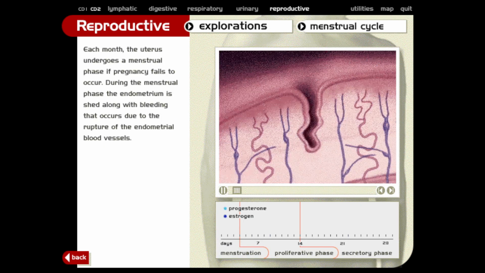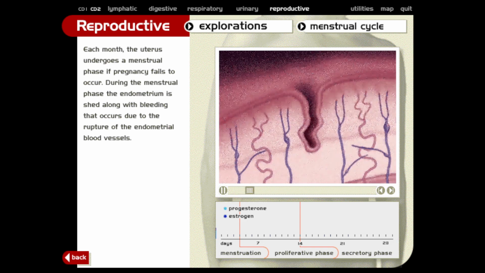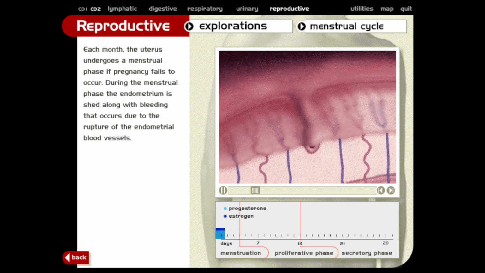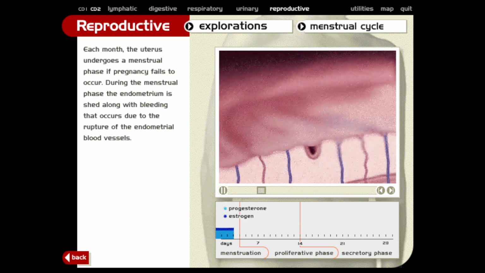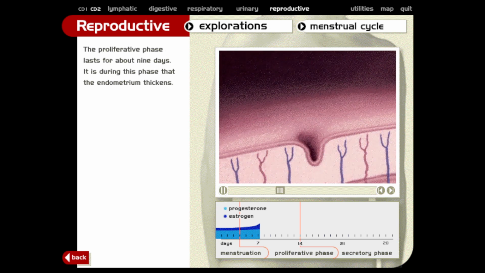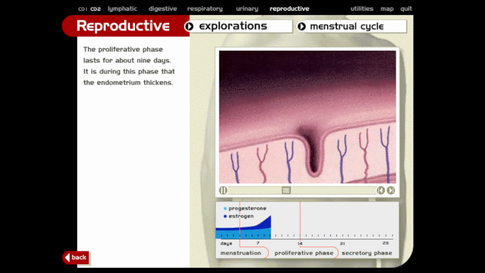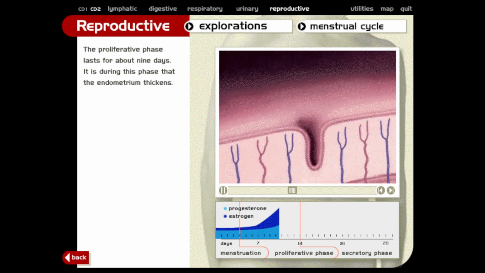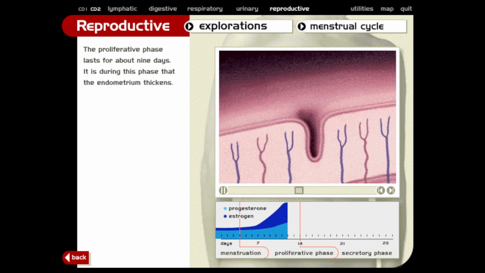Each month, the uterus undergoes a menstrual phase if pregnancy fails to occur. During the menstrual phase, the endometrium is shed along with bleeding that occurs due to the rupture of the endometrial blood vessels. The proliferative phase lasts for about 9 days. It is during this phase that the endometrium thickens.